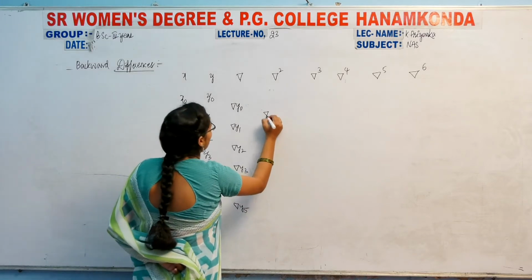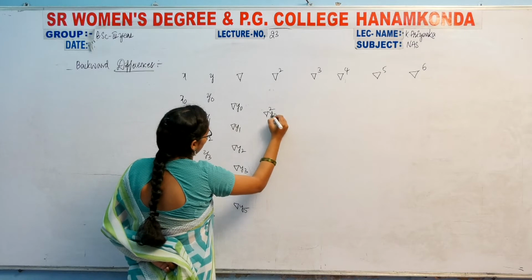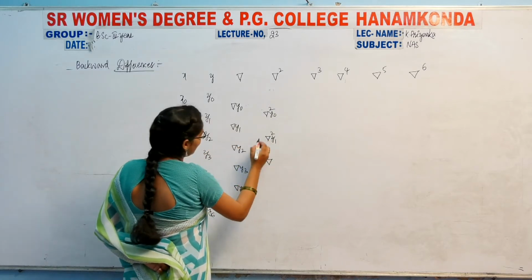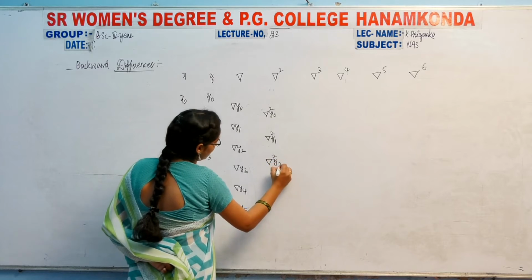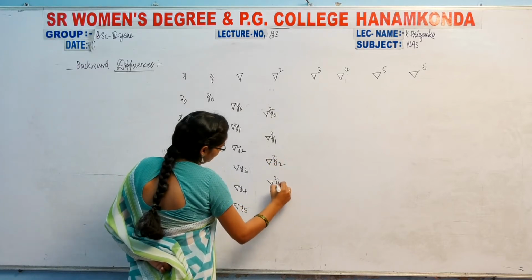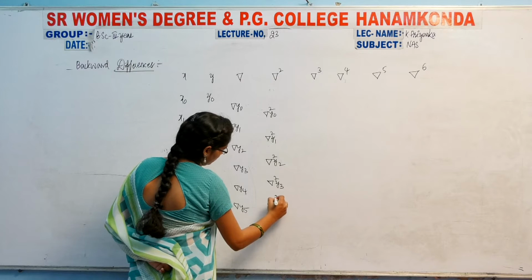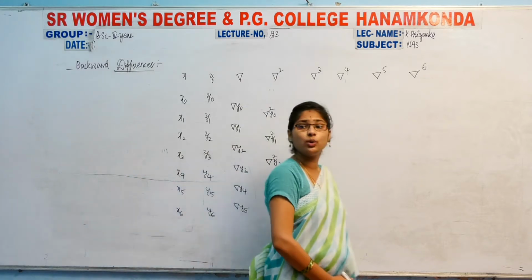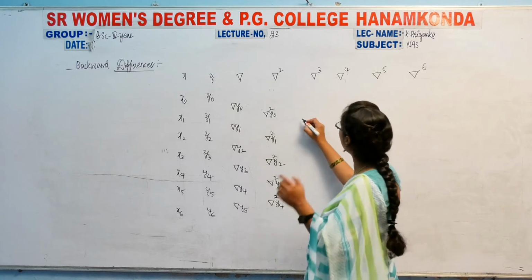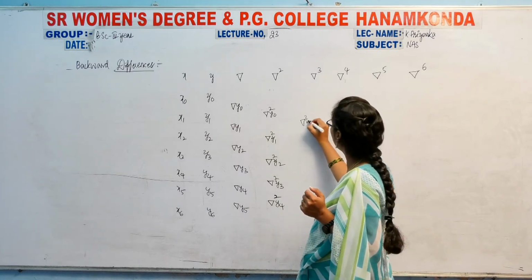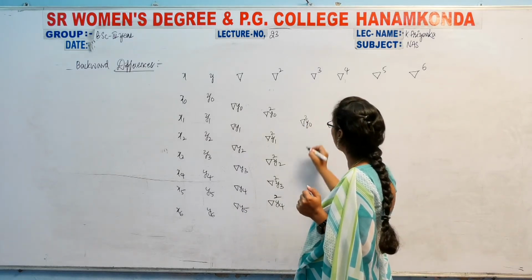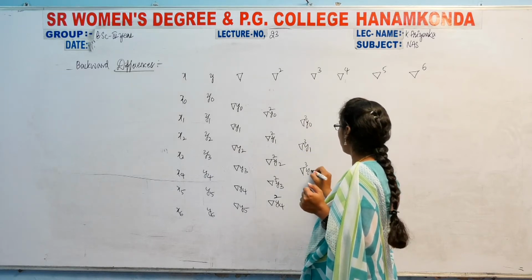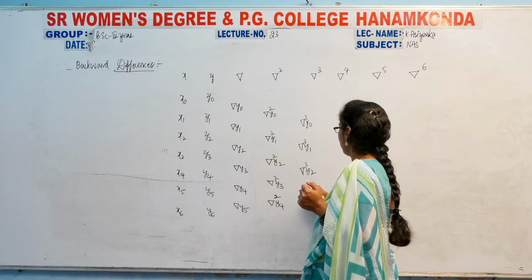Next, square of y0, square y1; in the middle we have to write them every time, remember this one. Next the cube: backward cube y0, y1, y2, y3.